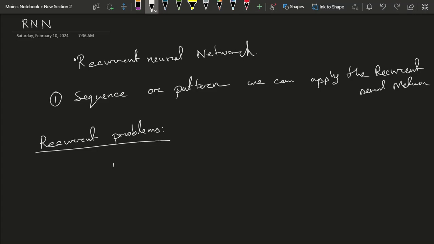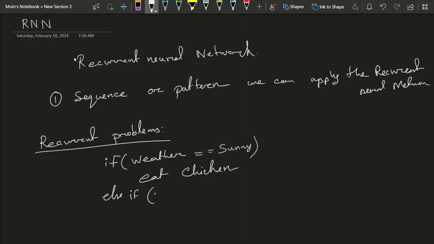For example, if we consider this example: if weather is equal sunny, eat chicken, else if weather is equal rainy, then eat burger.